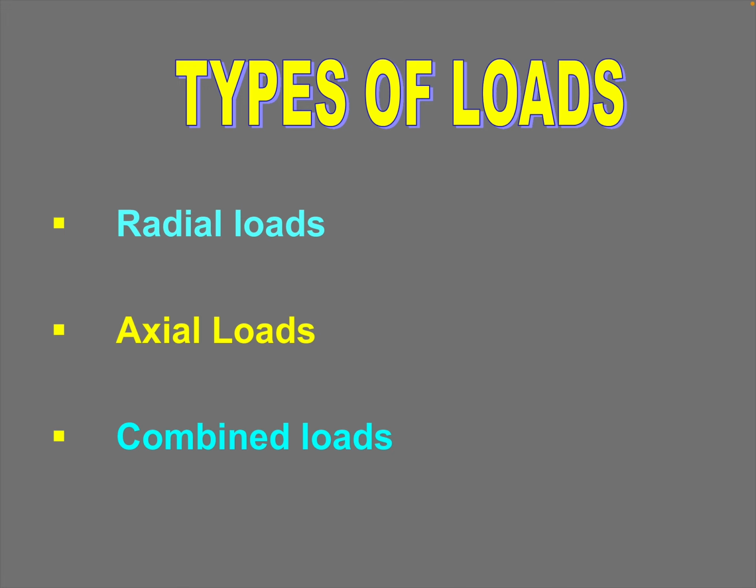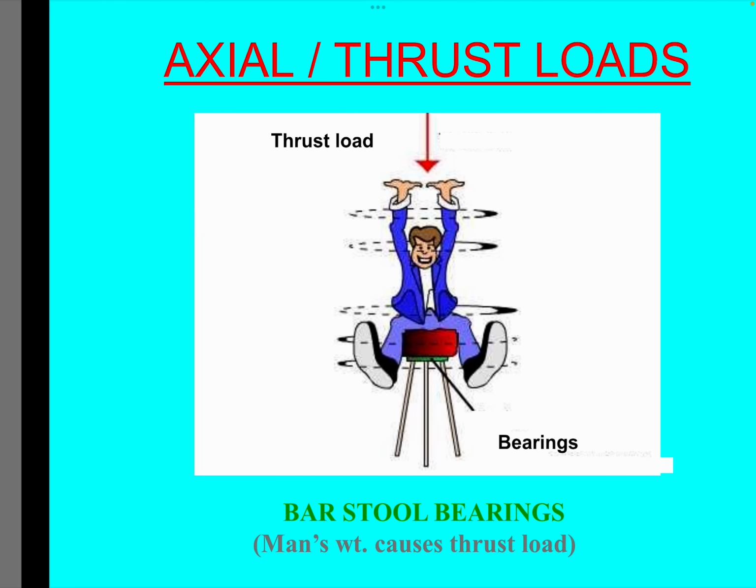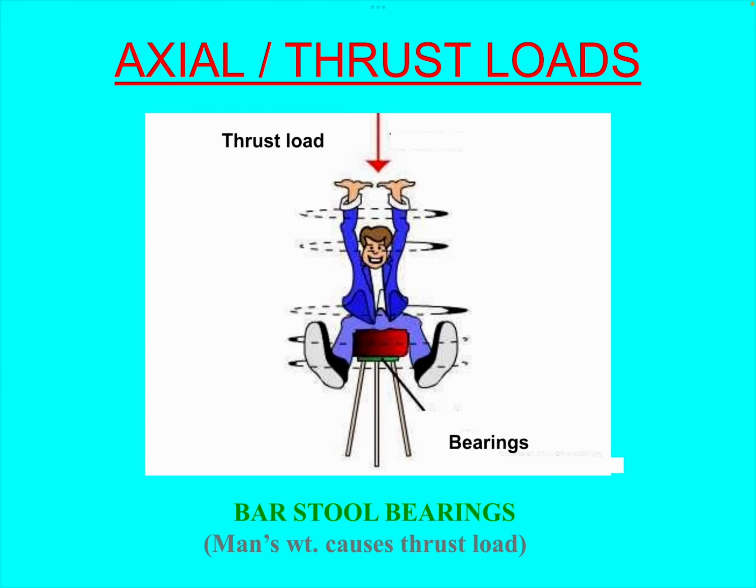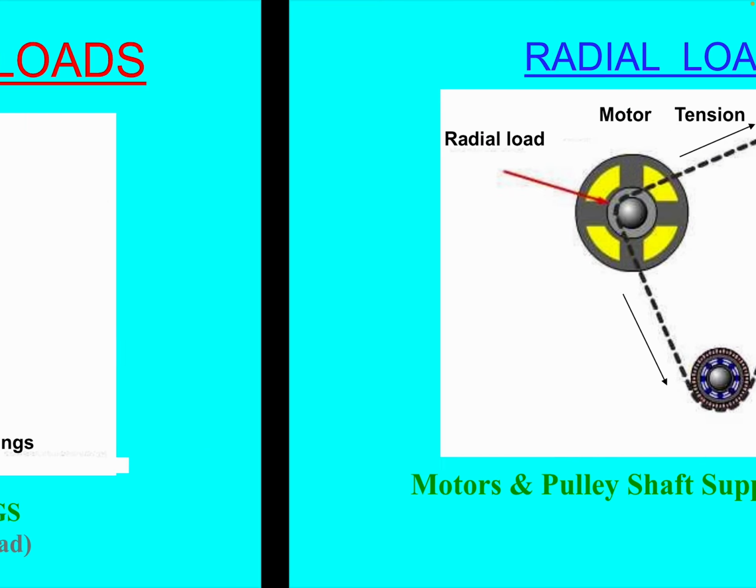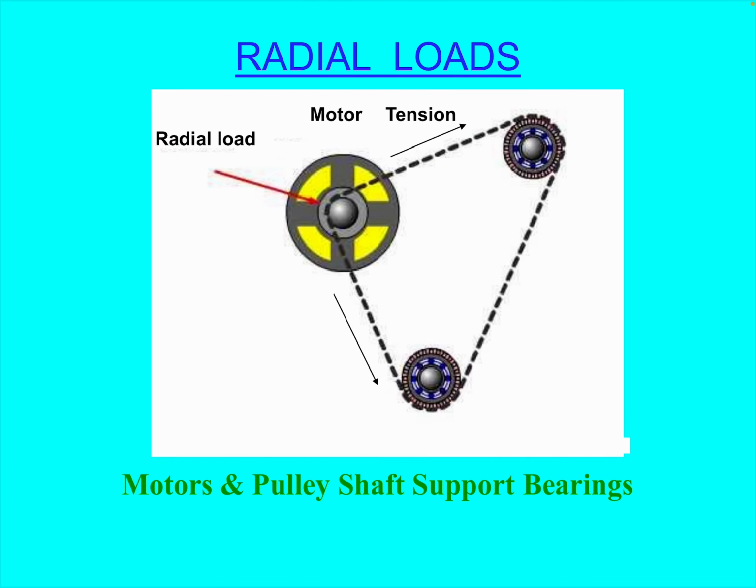Combined loads combine both the axial and radial loads. Axial thrust loads: this picture shows a thrust bearing, where a man's weight causes the thrust load.